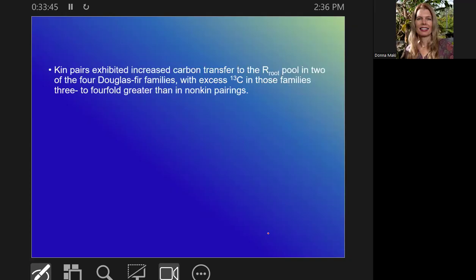When they were closely related and hanging out in the same pot together, they had better carbon transfer over to the receiver. And it was quite notable.